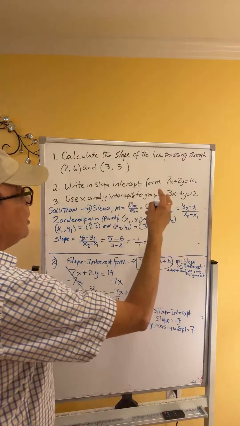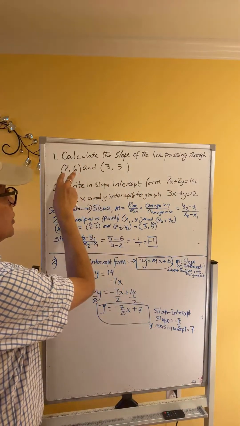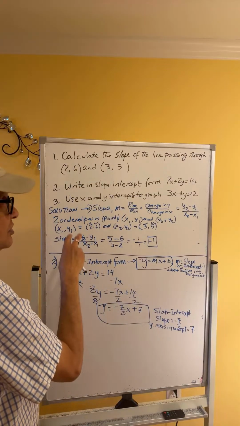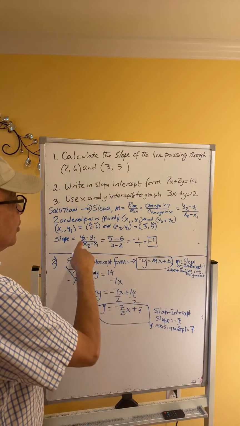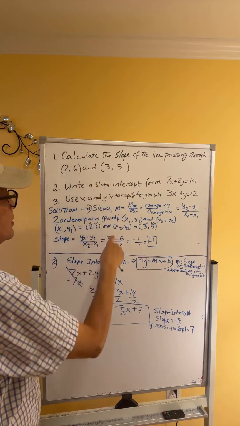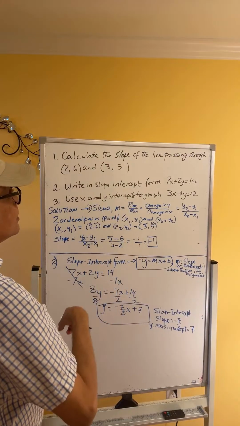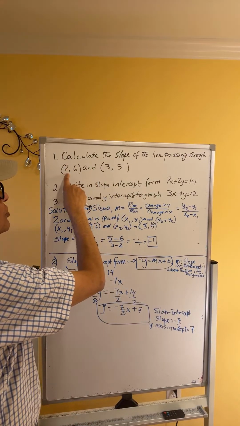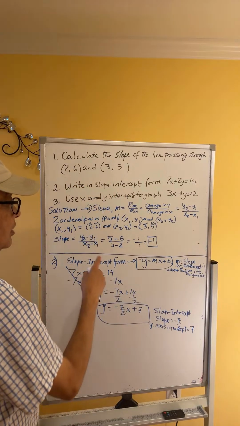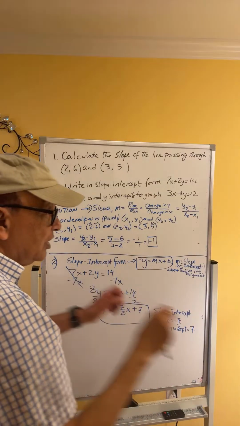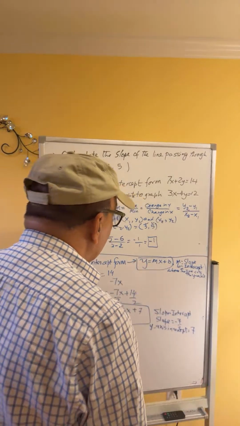So if your second point is x2 and y2 and your first point is x1 and y1, remember in the numerator you start with y2 minus y1. y2 in this case is 5, y1 is 6. 5 minus 6 is negative 1. On the other hand, x2 is 3, x1 is 2, x2 minus x1 is 1. So it's minus 1 over 1 is minus 1. Whenever we have negative slope, we go down the hill.